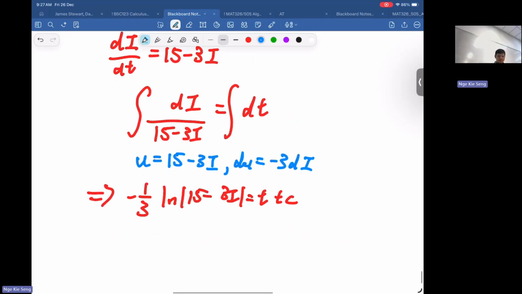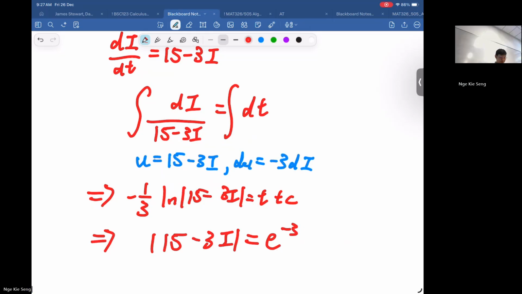Okay, so this form actually is not the general form that we will see. The general form we will see is this. We turn it into an exponential form.